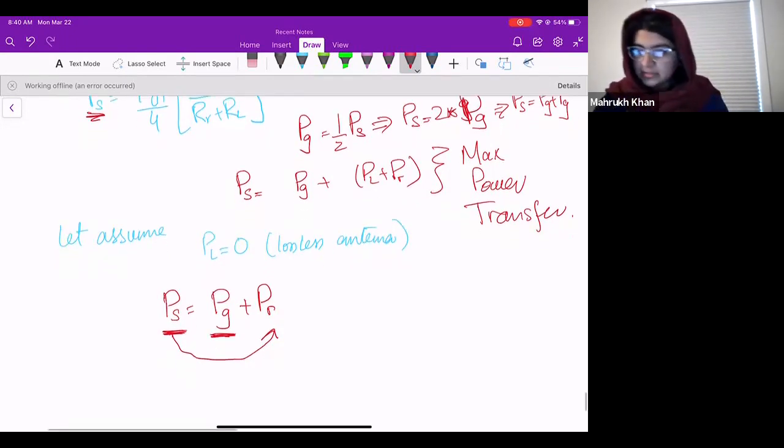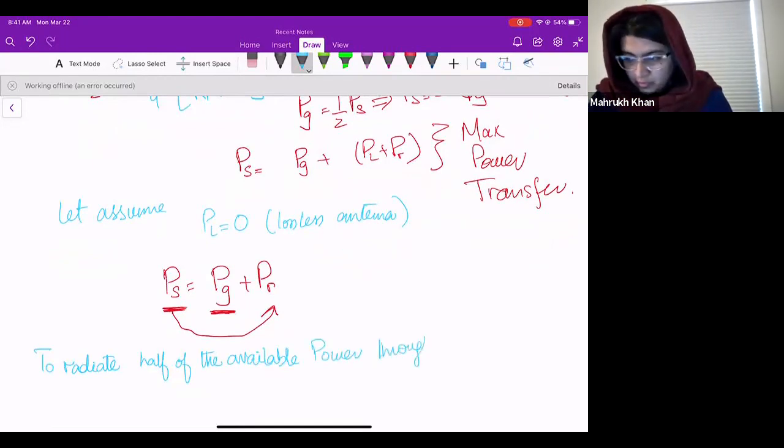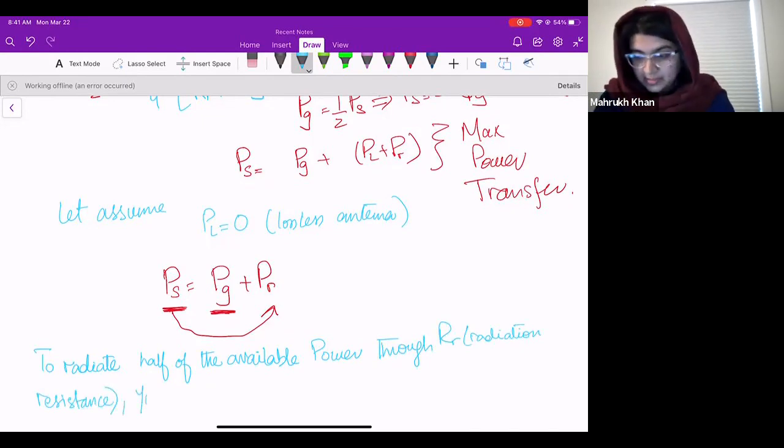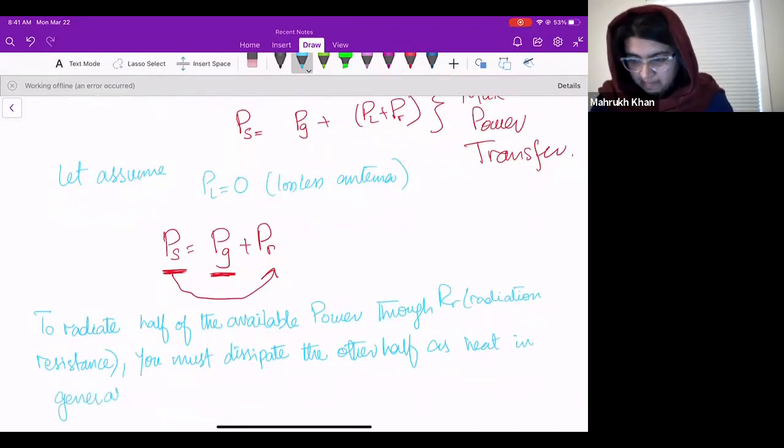So in other words, you can also say that to radiate half of the available power through RR, which is radiation resistance, you must dissipate the other half as heat in the generator through RG.